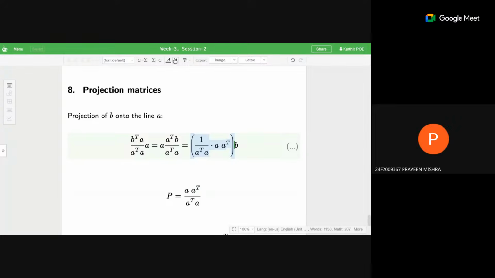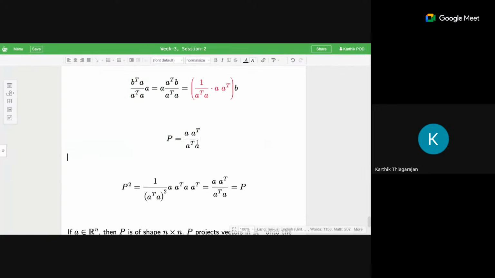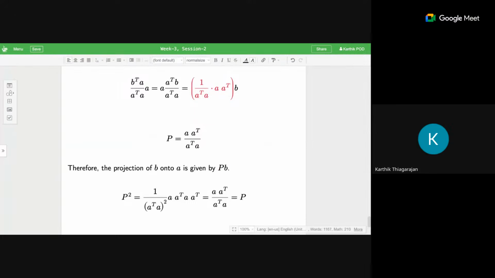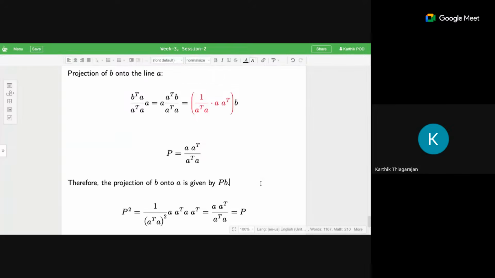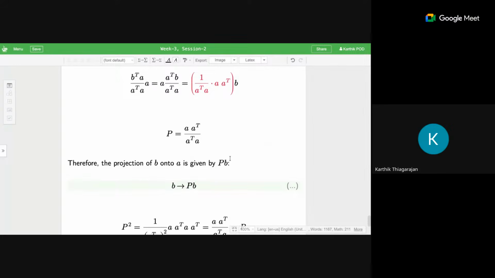That is P. So the projection of B onto A is given by PB. You should think of this as a linear transformation, a linear map which converts one vector to another. A becomes P times A, B becomes P times B, where PB is the projection of B onto A.